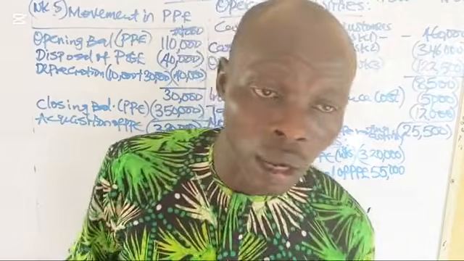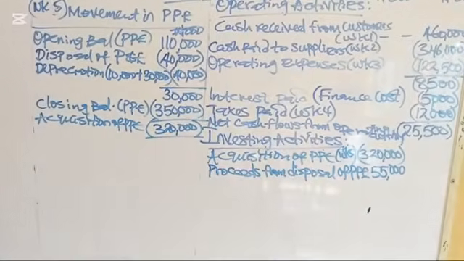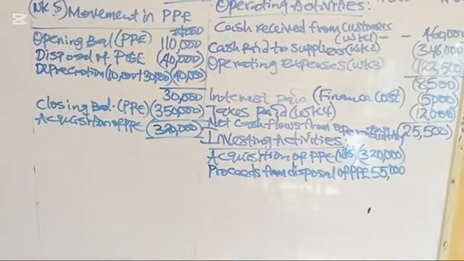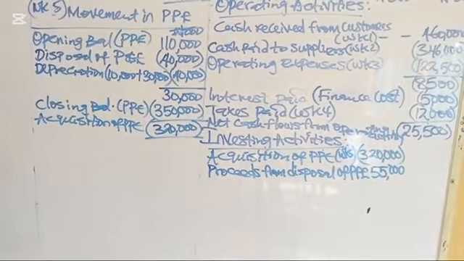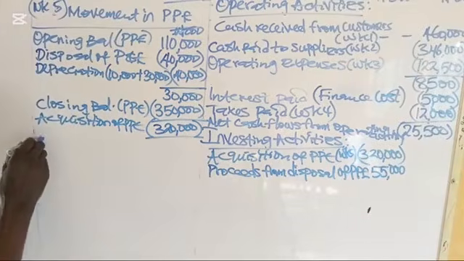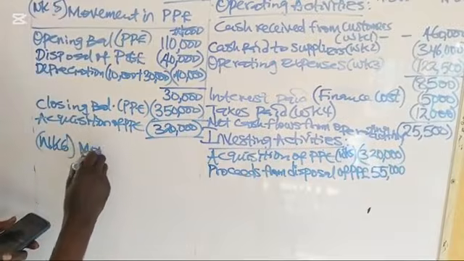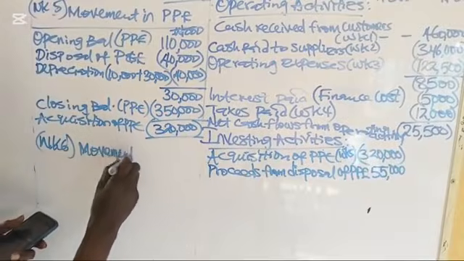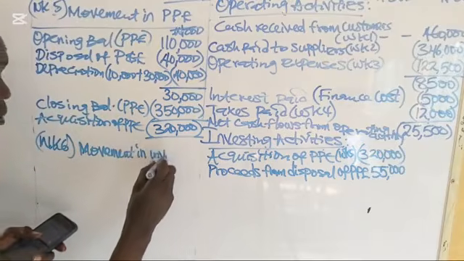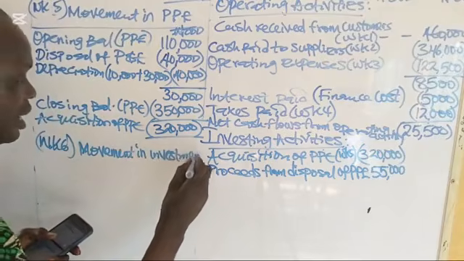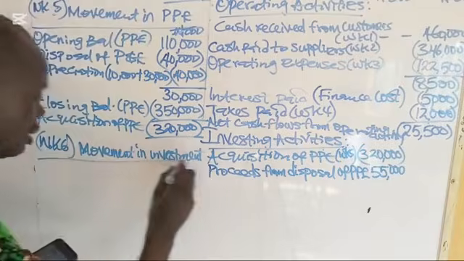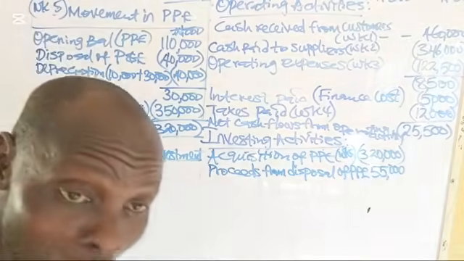Now, we are still on the movement in non-current assets. The next non-current asset we want to consider is investment. Working number 6 says movement in investment. Movement in what? Investment.